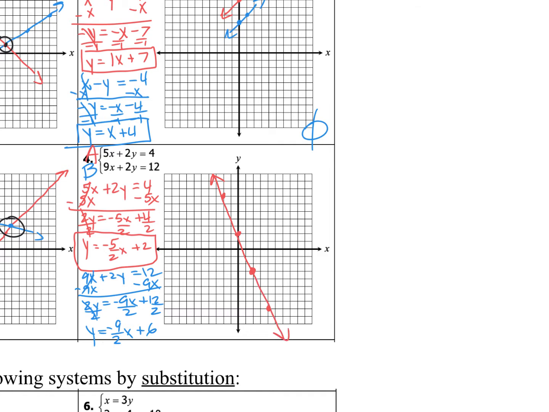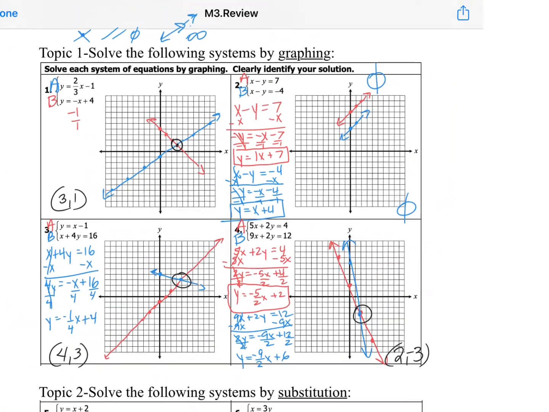All right, and then the second function we have starting at positive 6, down 9, right 2. And there is that. So these two intersect right there at 2, negative 3. All right, this is solving systems of equations by graphing.